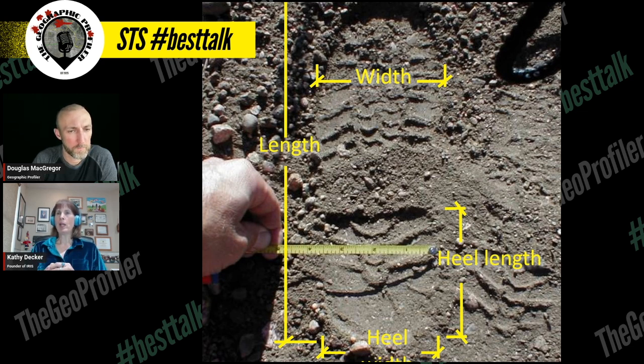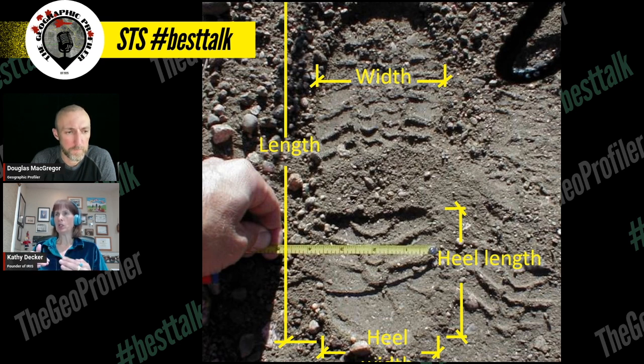We want to measure the width of the ball of the foot, and this is in the widest place that we can see. We take that width measurement. We then want to measure the width of the heel, again, in the widest place. We want that measurement. And the heel length is the length of the heel from the last point where the shoe touched at the edge of the shoe all the way up to the instep.